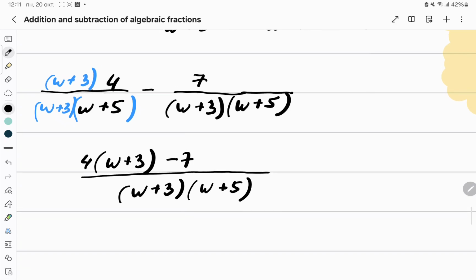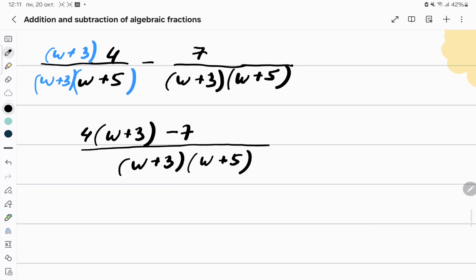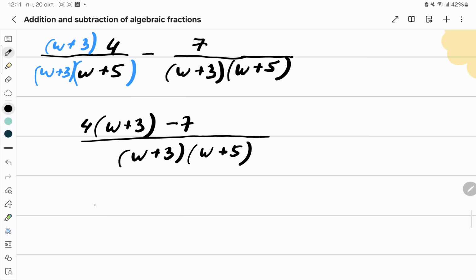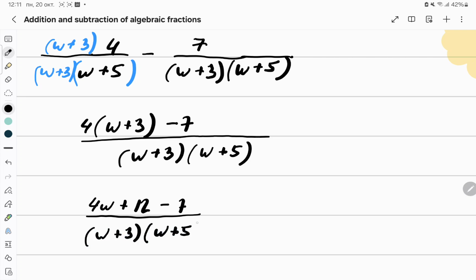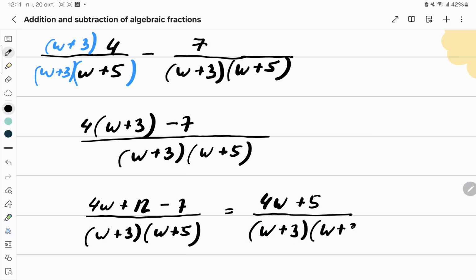In the second fraction we have nothing to add, that's why 7 just stays the same. Okay, and now let's open the brackets. Plus 12 minus 7, and just copy the denominator. So it's 4w plus 5 over this denominator.